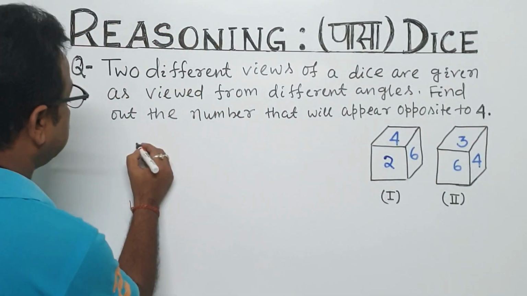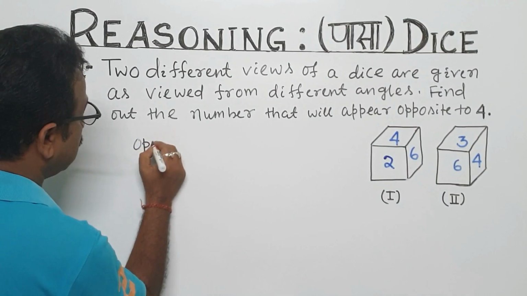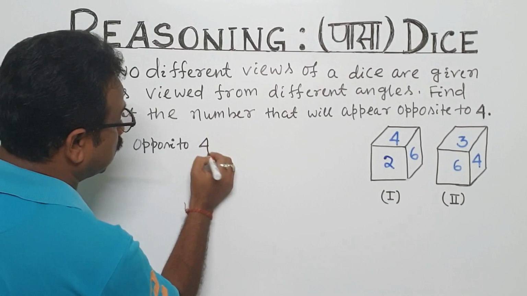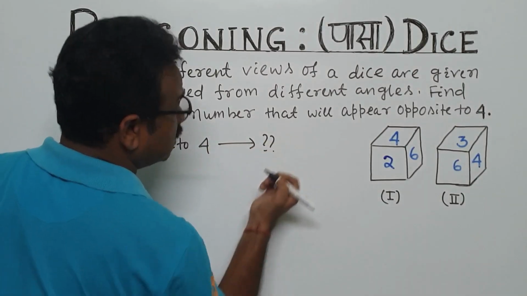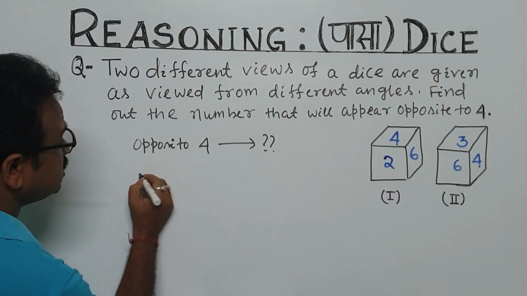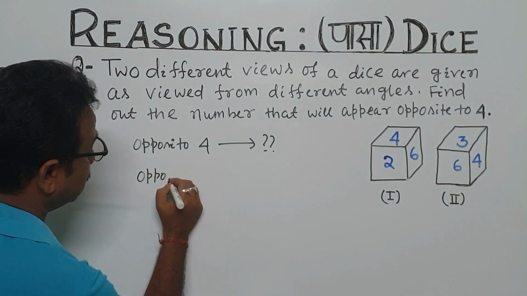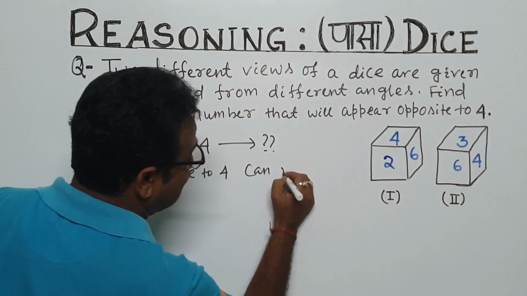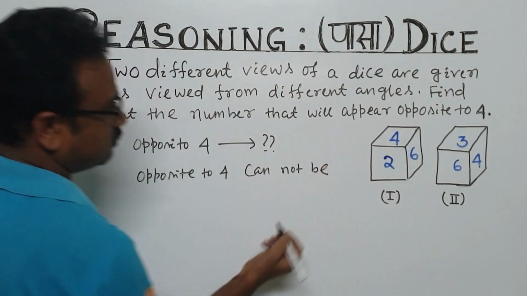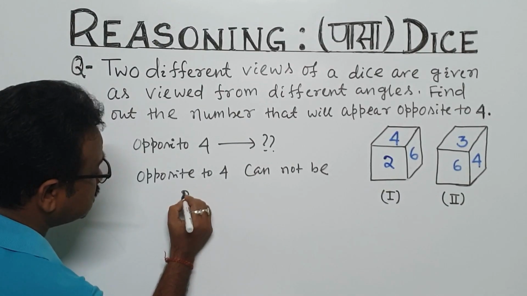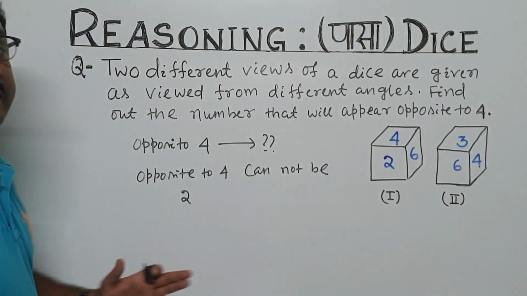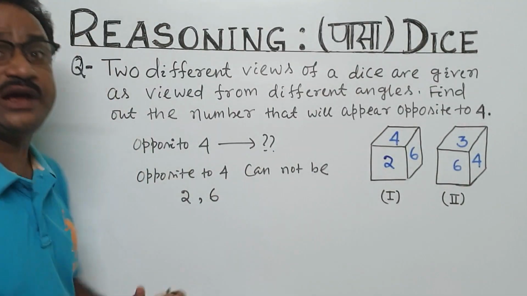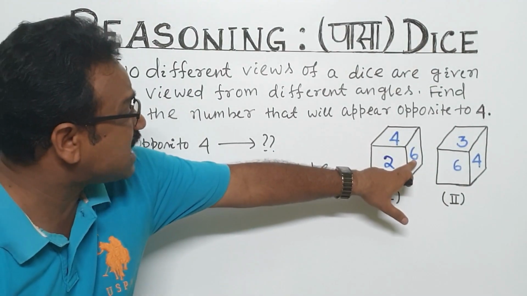So opposite to 4 will be which number? Now opposite to 4 cannot be 2, because 2 and 4 are adjacent, so it cannot be opposite to each other. Then 6 cannot be opposite to 4 as it is adjacent.